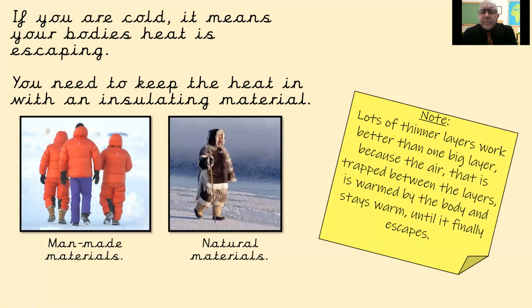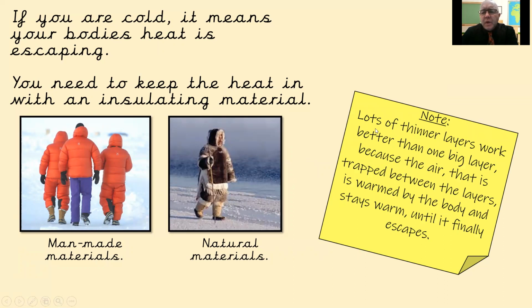Something you might have been told by mums and dads is that you're going to stay far warmer if you're wearing lots of thinner layers than one big thick layer. And there's a simple reason for that. There is some science behind it, because lots of thin layers trap air between each layer, and that air will stay warm.